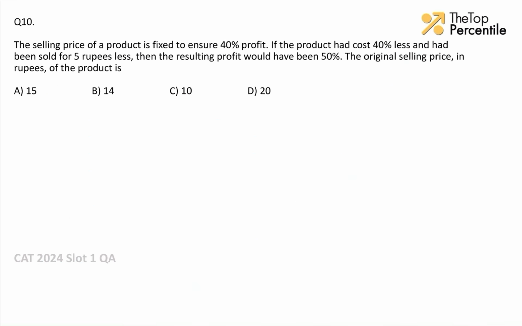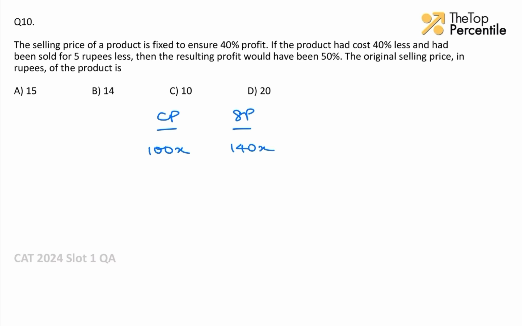The next question says the selling price of a product is fixed to ensure 40% profit. Okay. So cost price here, selling price here. Let the cost price be 100x. For 40% profit, the selling price will have to be 140x.